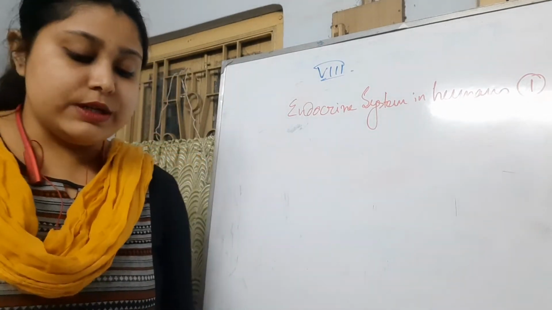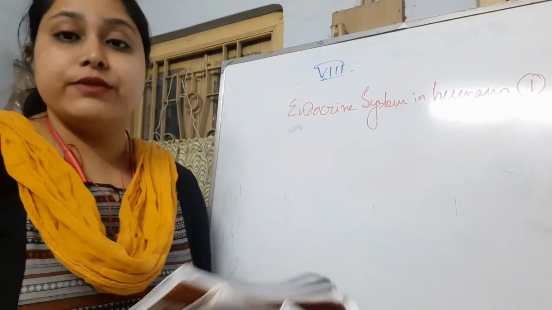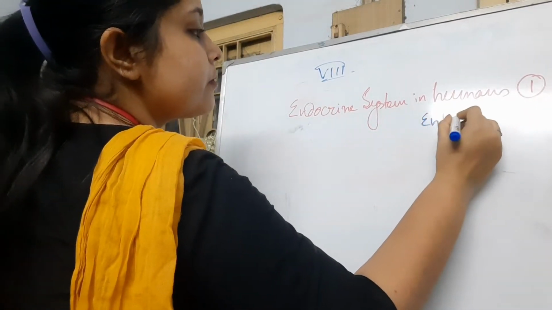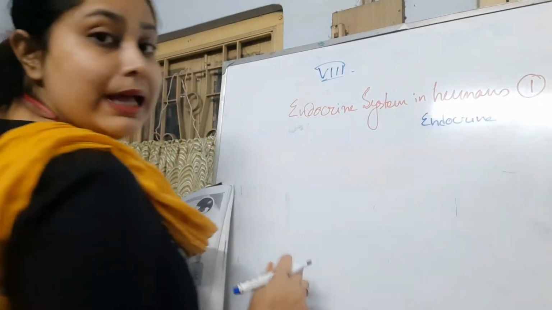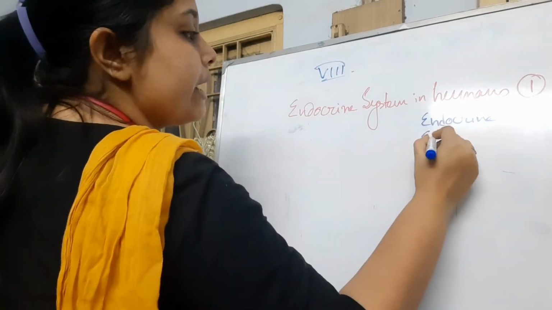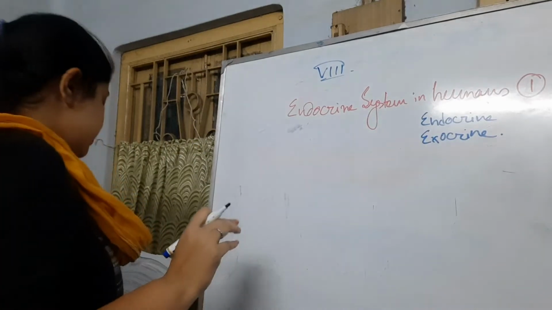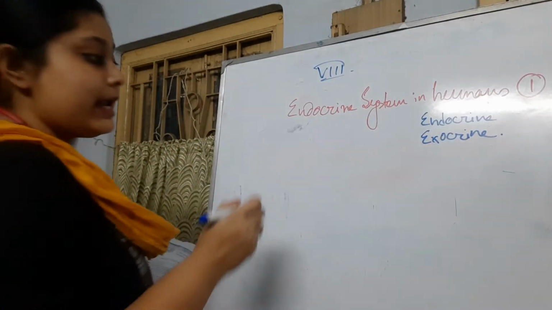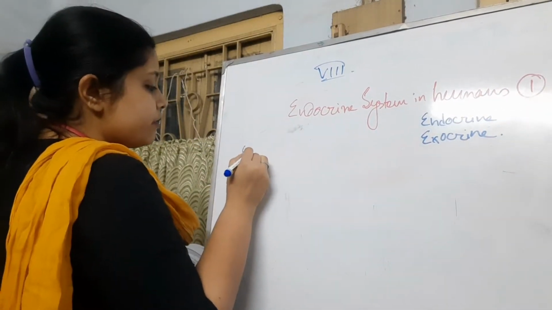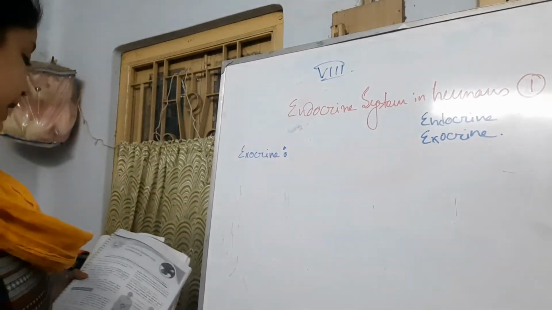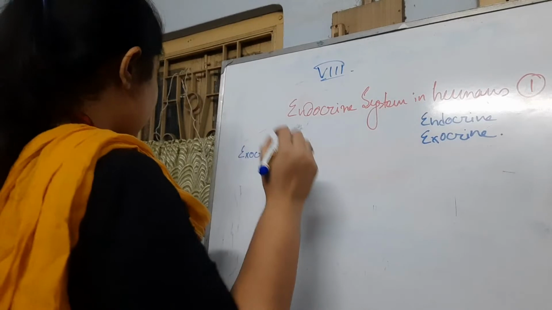First, in our body there are two kinds of glands. One is endocrine and the second one is exocrine. First we have to know what the exocrine glands are.